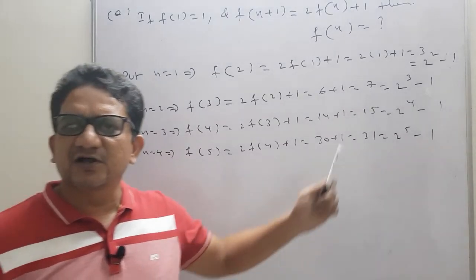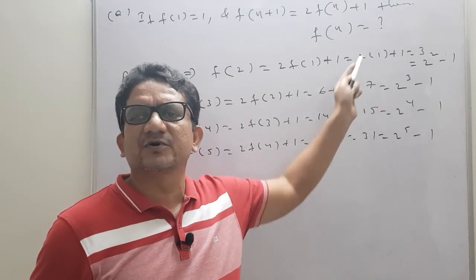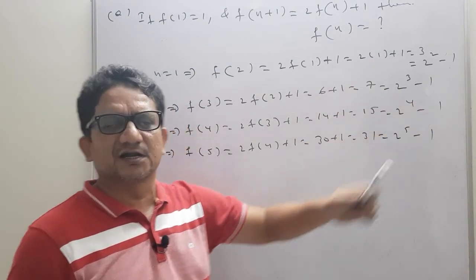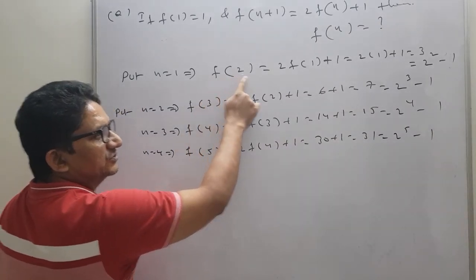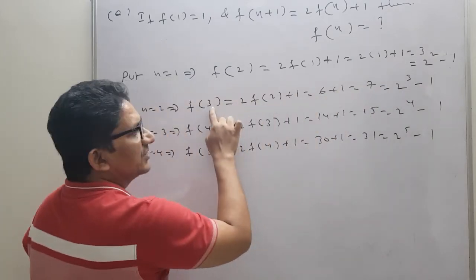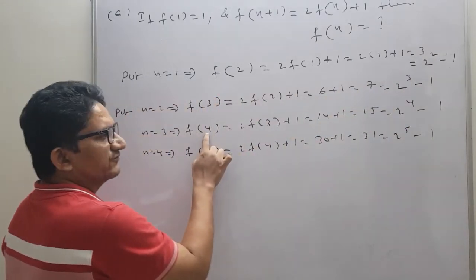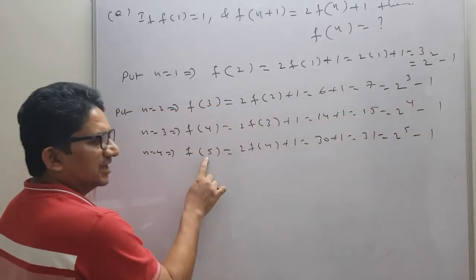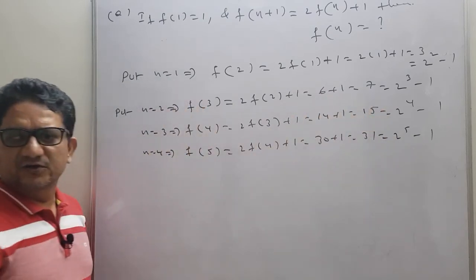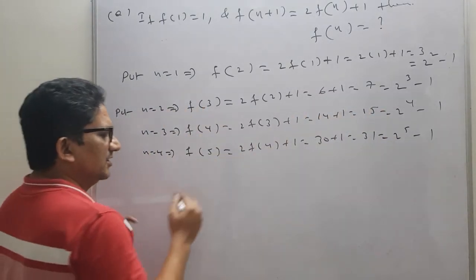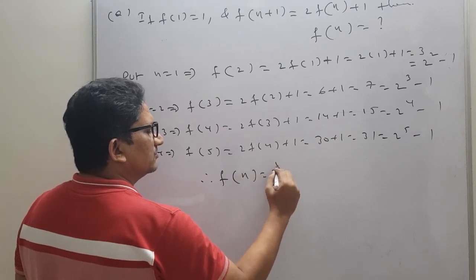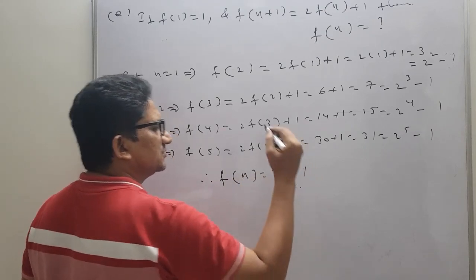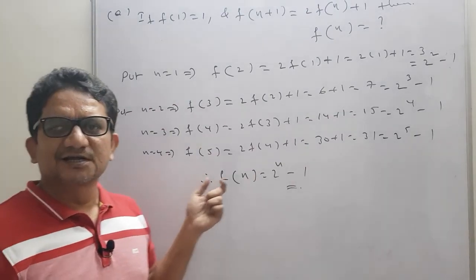That means they follow a pattern of 2 power some index minus 1, according to the input only: f of 2, 2 power 2; f of 3, 2 power 3; f of 4, 2 power 4; f of 5, 2 power 5. Now we can confirm, therefore, f of n will be 2 to the power of n minus 1. That is your solution.